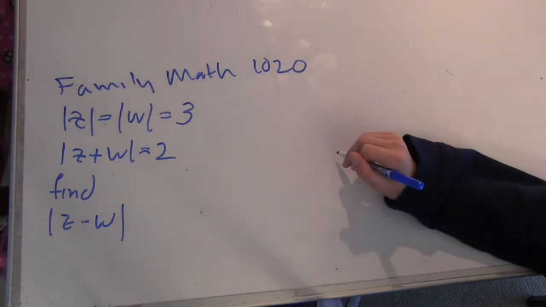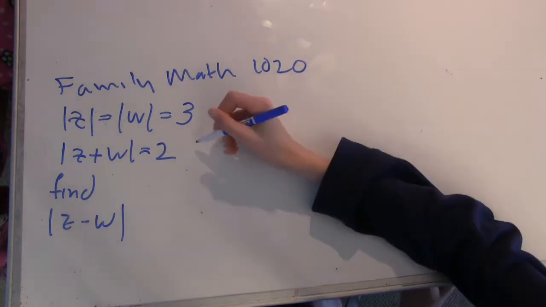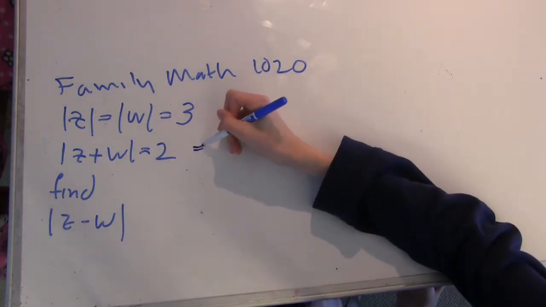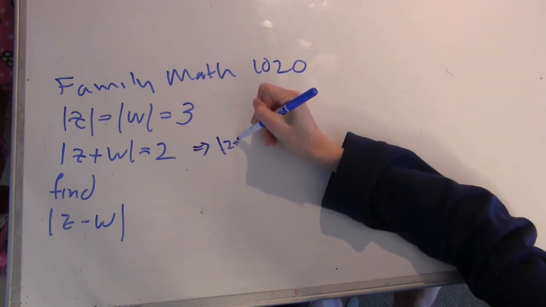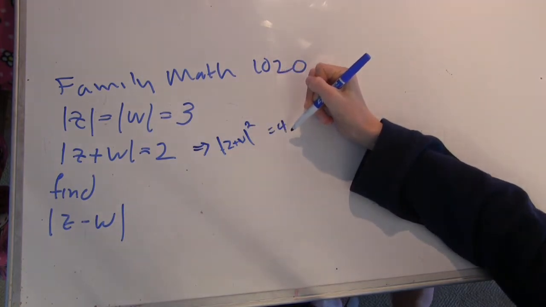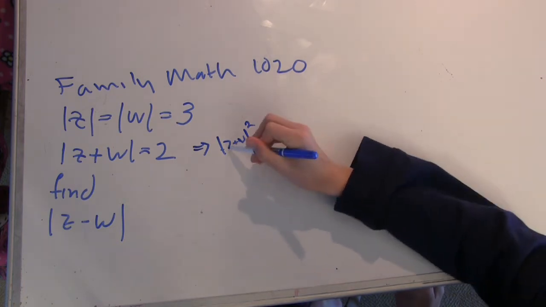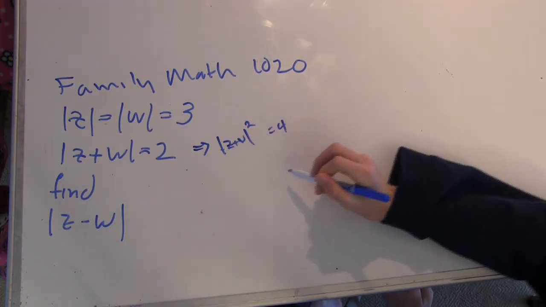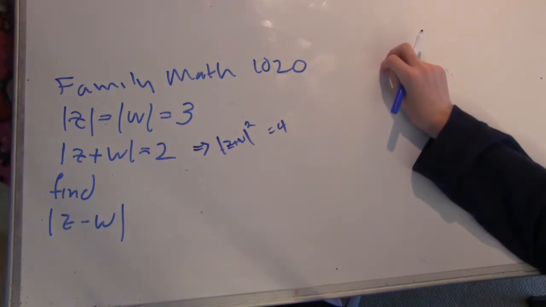How do we solve this problem? Well, we can use some complex number identities. If we square this, it becomes the magnitude of z plus w squared equals 4. And the magnitude of any complex number z squared equals z times the complex conjugate, z bar.